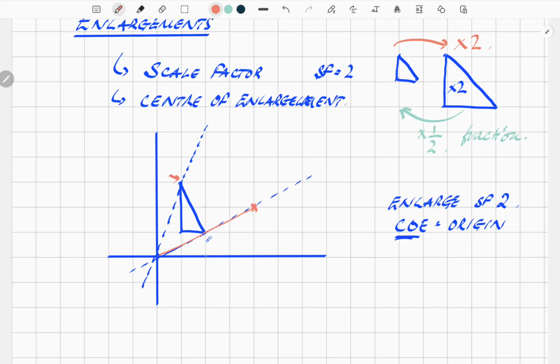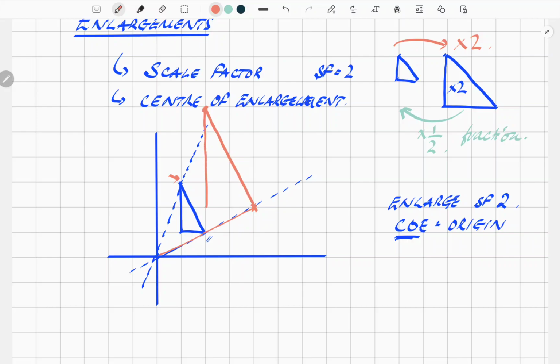Top one, 2 across, 6 up, over there. You can see my dotted lines. That's why I don't like my dotted lines, because they go all over the place. So if we know that these are those 2 diagonal corners, join them up, and then you can picture the shape.